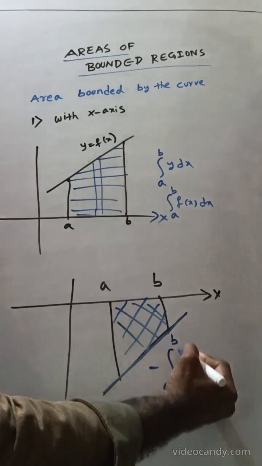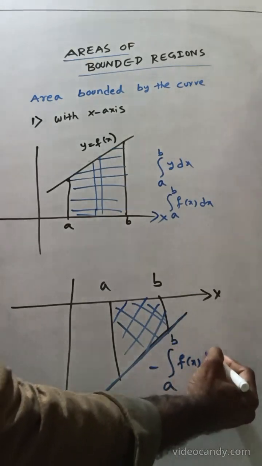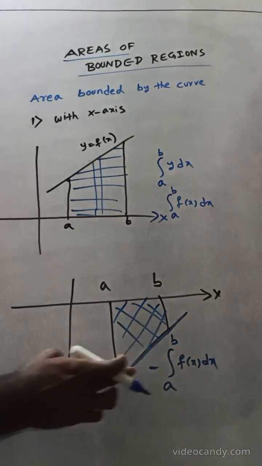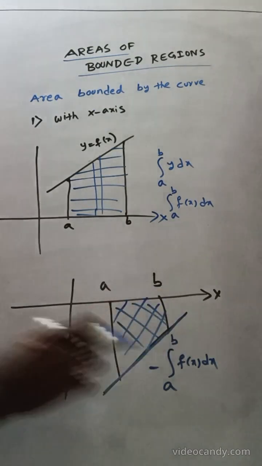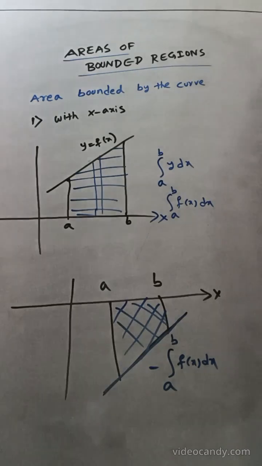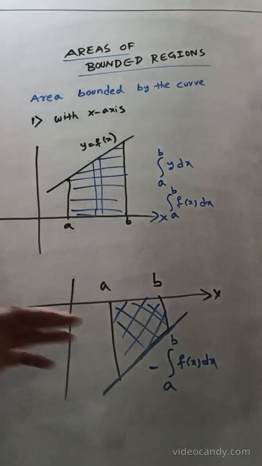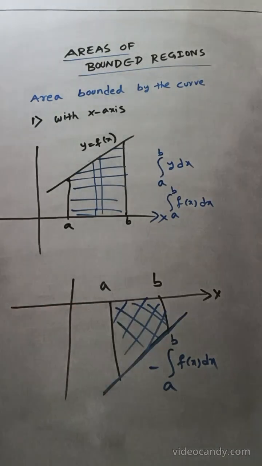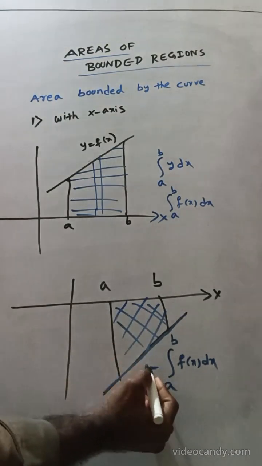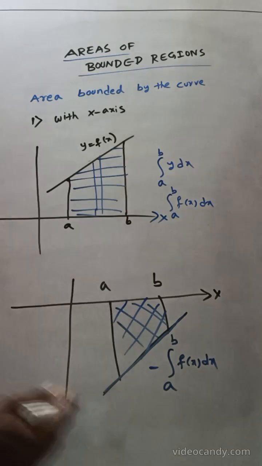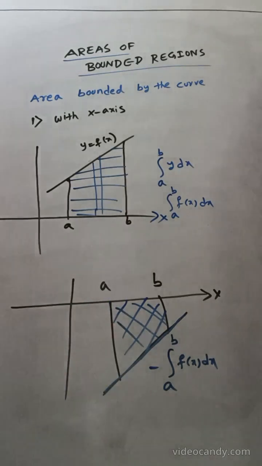Minus integration a to b f of x dx, because the negative of this negative curve is a negative value. The area cannot be in negative terms, but this minus is indicating only the negative side of the x-axis. This is the negative part.